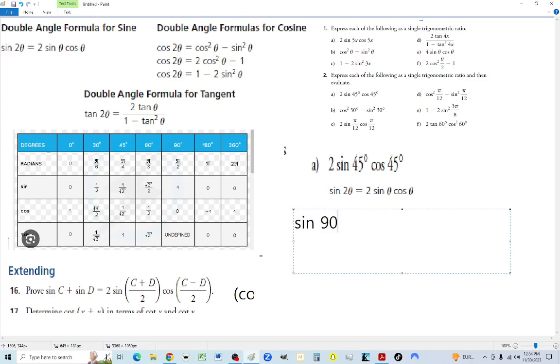Sine of 90, we already know, is equal to 1. So that means 2 times sine of 45, which we know is 1 over square root of 2, times cos 45, which is 1 over square root of 2. When I multiply 1 over square root of 2 times 1 over square root of 2, I get 1 over 2. When I multiply 2 times a half, I get 1. So it makes sense.